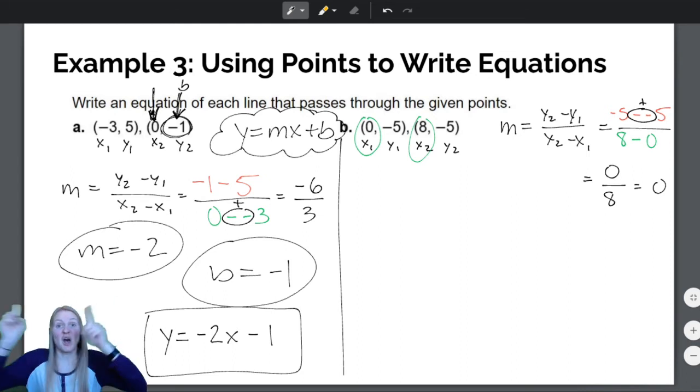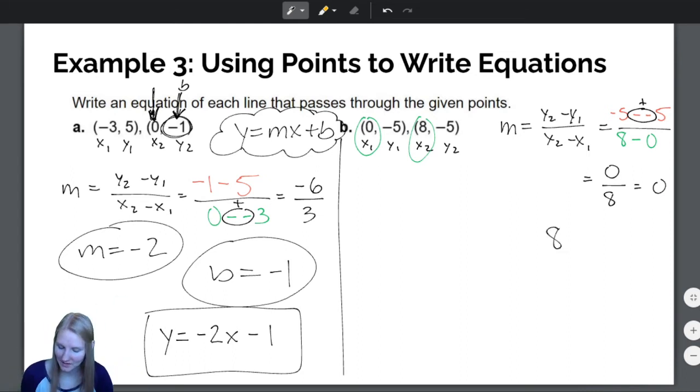Some of you are going to be like, undefined. No. Remember, if 0 is on the bottom of the fraction, it's undefined. If 0 is on the top of the fraction, it's just 0. We can do 0 divided by a number. That's okay. I can't do a number divided by 0. Okay, so we have that m is 0.